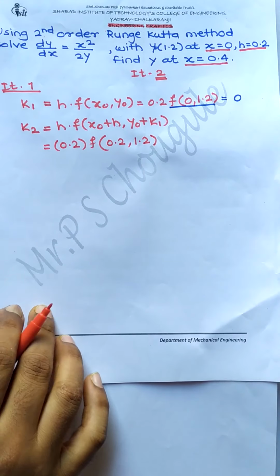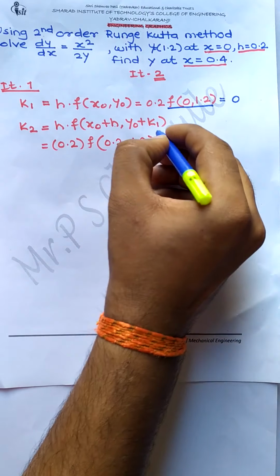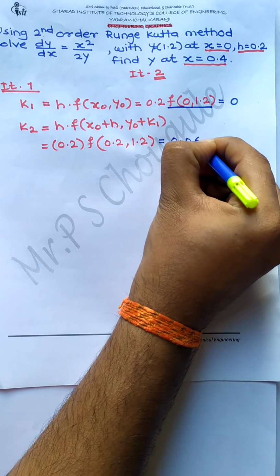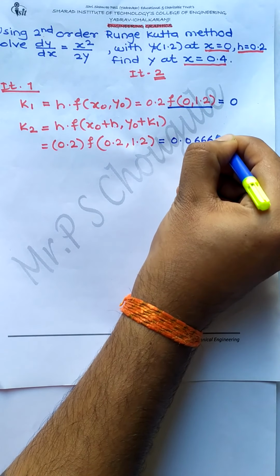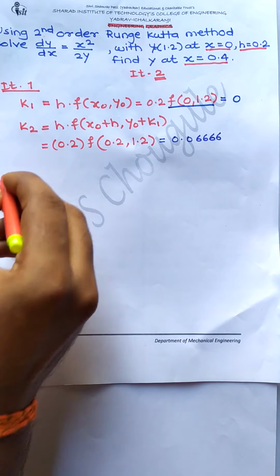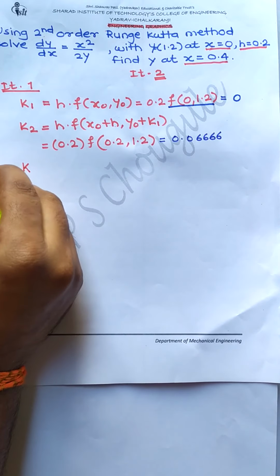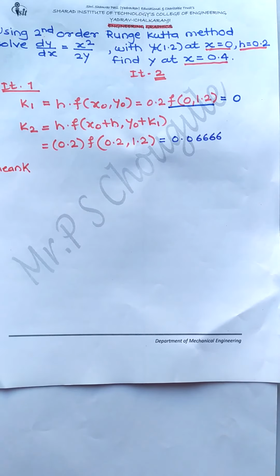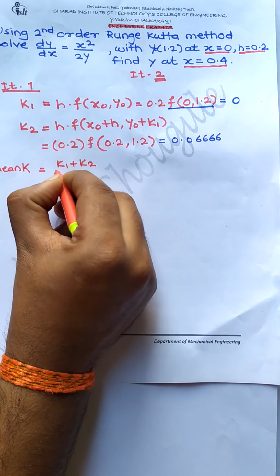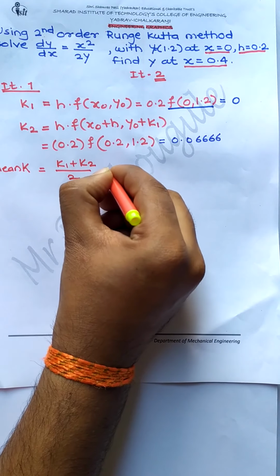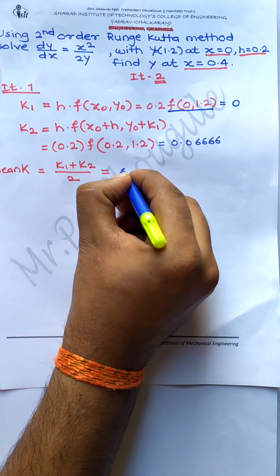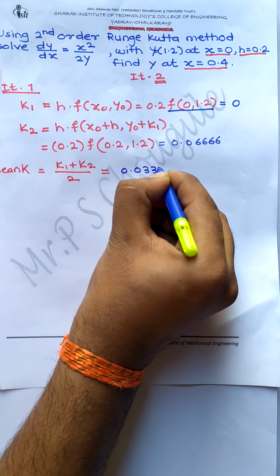By putting these values, we will get the value of k2, which is equal to 0.0666. Now we need to find the average weightage, that is mean k, which is equal to k1 plus k2 divided by 2, which will come as 0.0333.